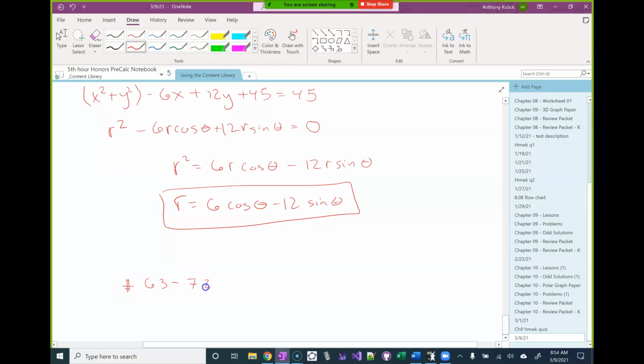And then you can definitely do 73 to 84, which is converting rectangular to polar. That you have enough to do. And the rest of these questions are all going to be from the last section. So we'll probably finish up the lecture for this chapter this week, and we'll probably be testing next week, would be my suspicion. Okay with that?